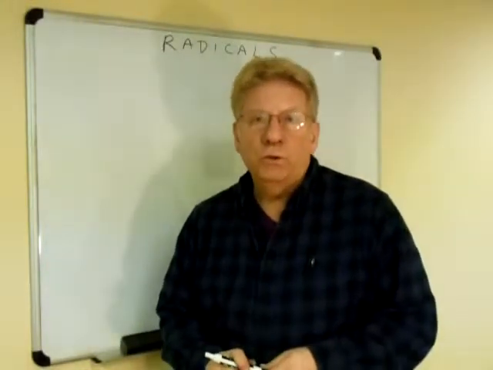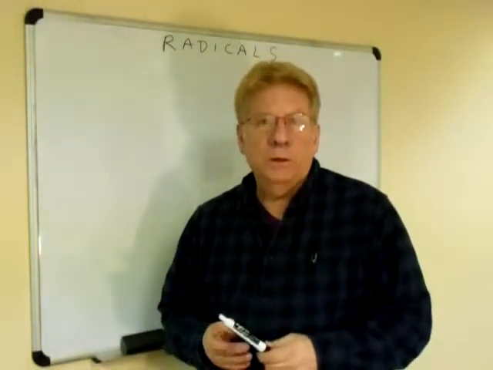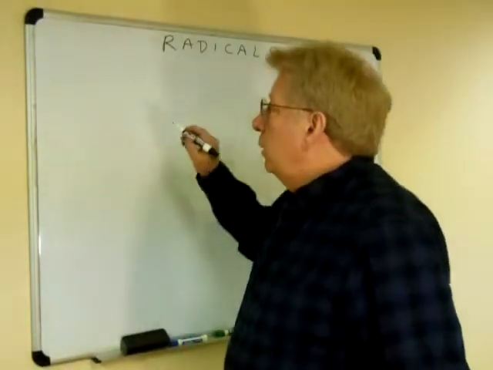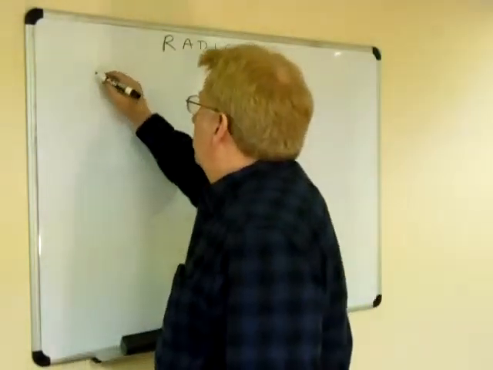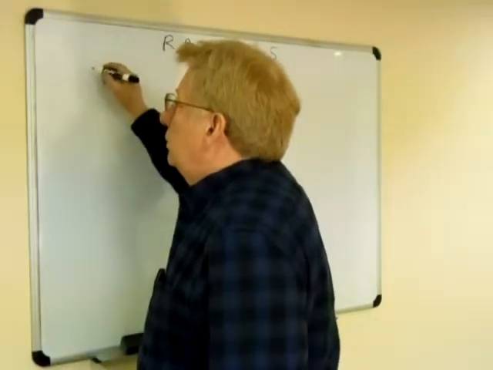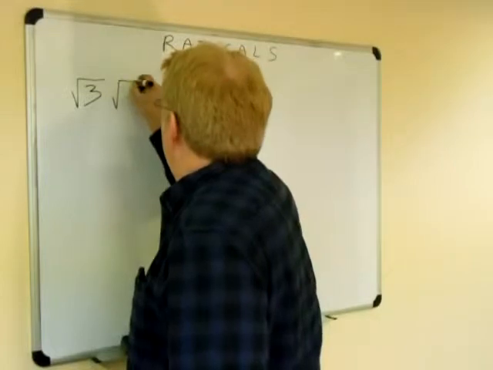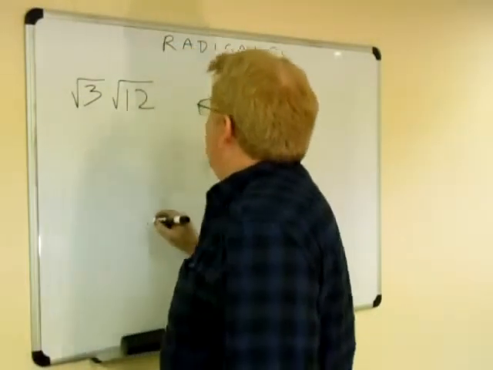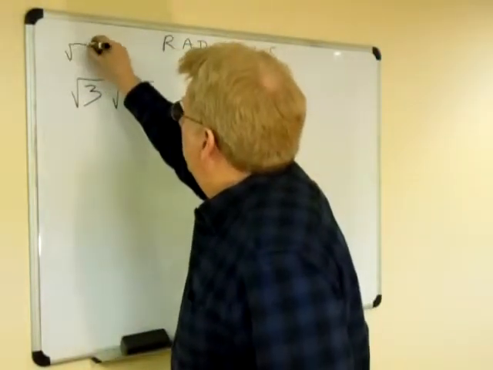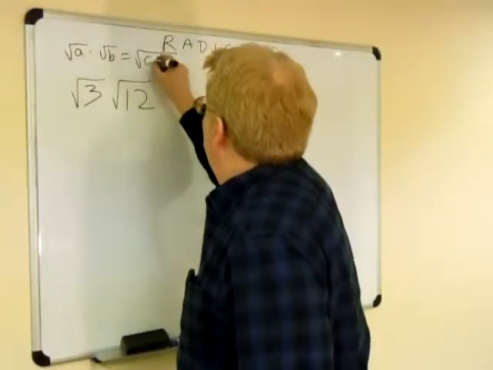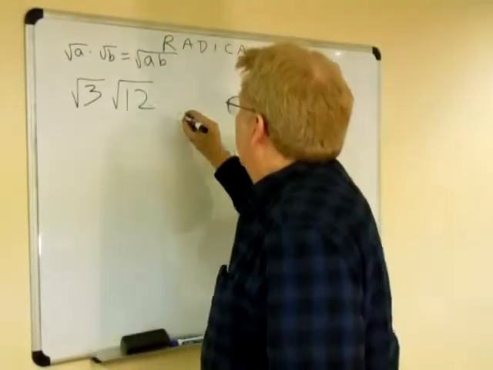Okay, let's do a few examples to solidify what we've discussed. For the radical product property, take the square root of 3 times the square root of 12. Remember, the square root of a times the square root of b equals the square root of a times b.